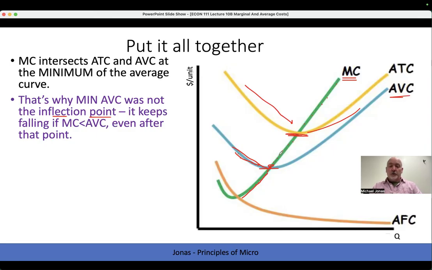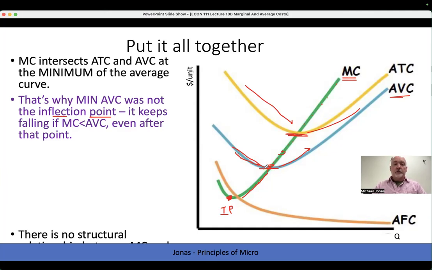And not until the marginal of the new unit is above the existing average is it going to start to slope upwards. So again, we're going to label the minimum, the bottom of that check, as the inflection point, the minimum of the marginal, not the minimum of the average variable.